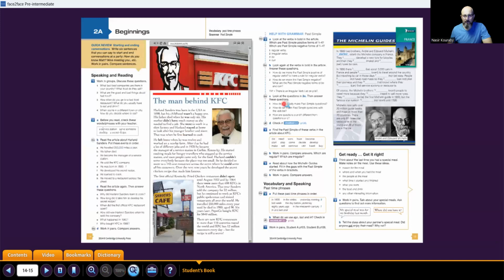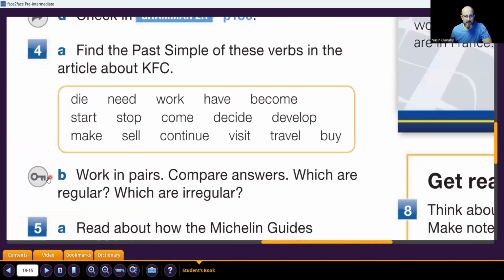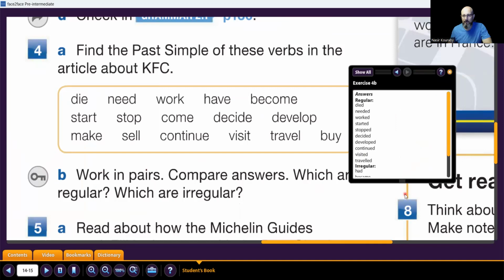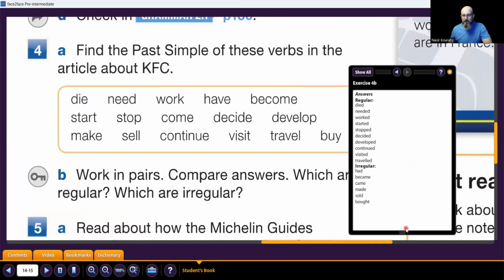Okay, guys, now let's see the answers. But please do it yourself first before you check the answer. Here the answer: die, died, need, needed, work, worked, start, started.